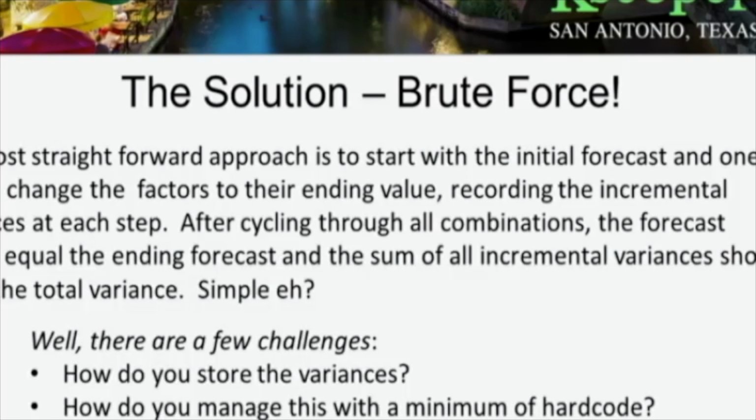The solution, and I don't know whether anyone here has done this at your business, was just brute force. There's no rocket science here. It just pounded out. I take the starting forecast, put it somewhere, change the first factor, recompute the total expense, capture the variance, store that in a member, and then go on to the next one, and the next, till you iterate through all 150.